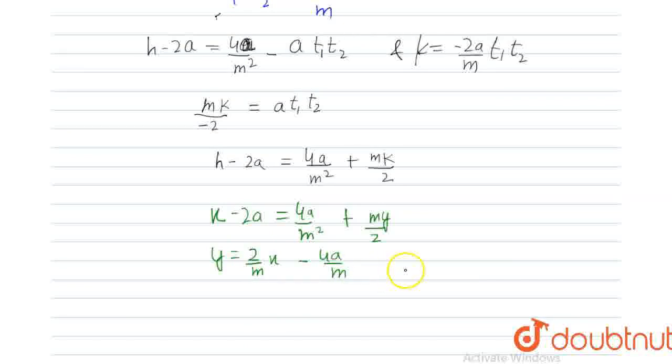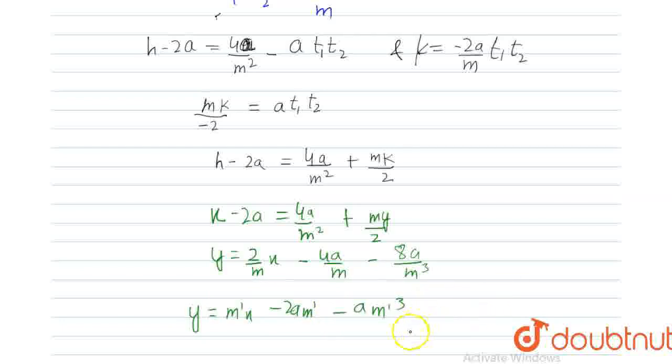So this is our second equation, minus 4a upon m minus 8a upon m cube, because we need to compare this equation now. As we all know, the general equation of the normal will look like y is equal to m dash x minus 2a m dash minus a m dash cube.